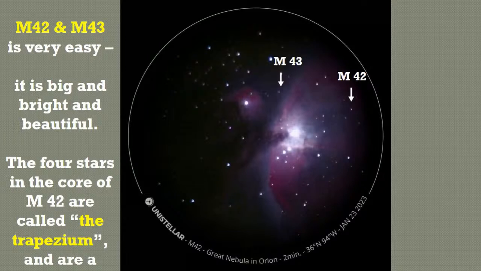We can take that telescope, which I'll show you in a few minutes, and we can point it at that little cluster there, and we'll see 4 stars just nice and tight, the trapezium. It's a good test for optics in a smaller scope. I have good optics.